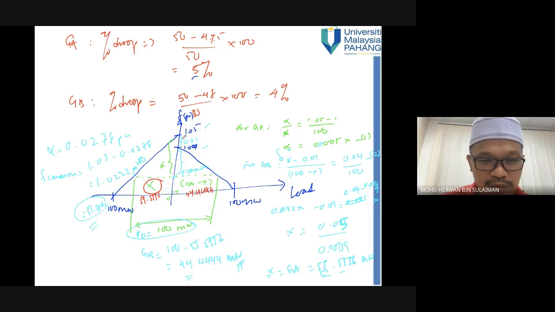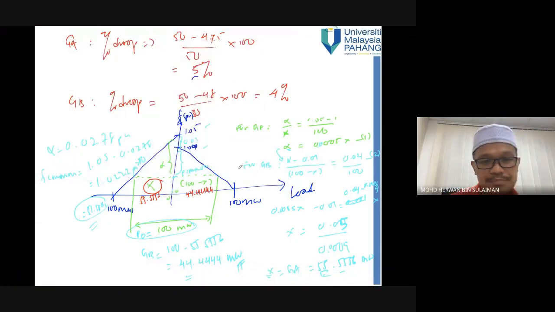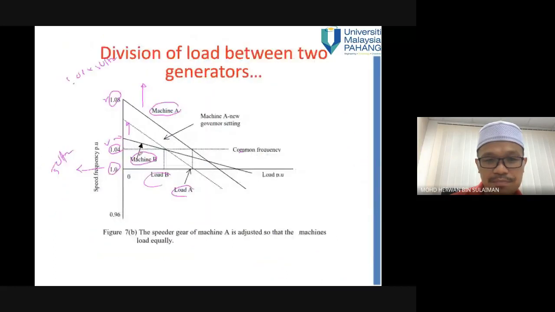Okay, so what is the now is your frequency as well as your demand. Let's say we look at the, so you need to make sure that this one is, as I said previously, you can make your speeder gear up and down, right? To make sure that you have the common frequency as well as you can share the load equally.